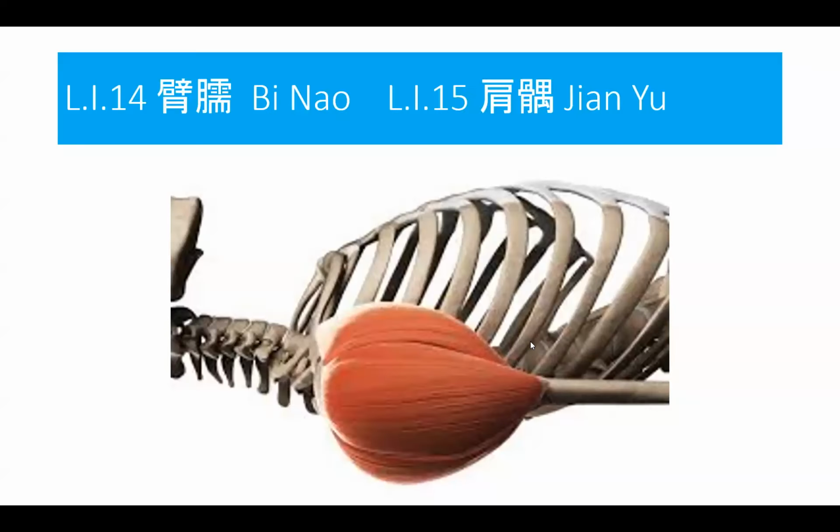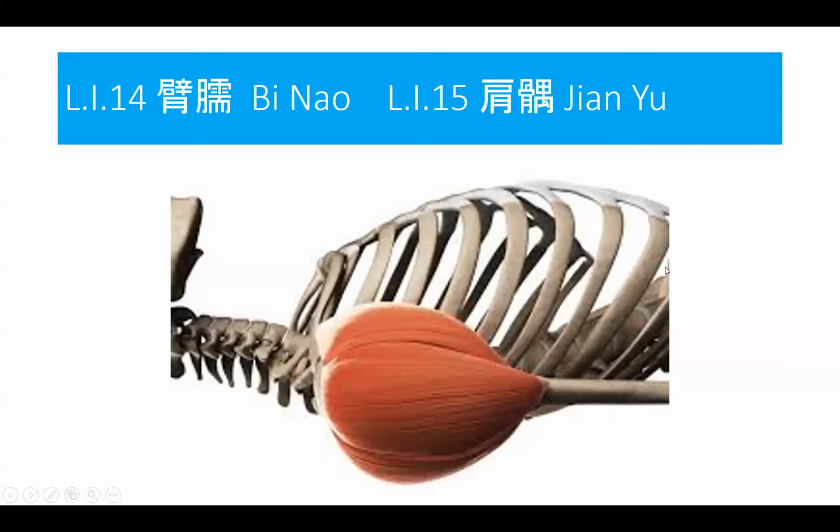All right, so before I take questions, I have an answer to a question from before, which is about large intestine 15 and the liver. Look at the deltoid.